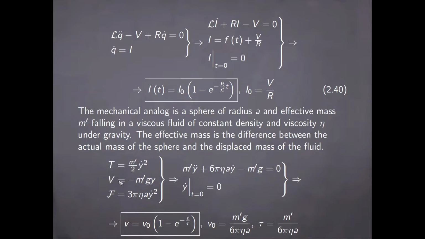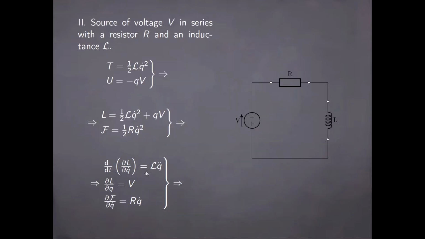I'm using slightly different notations, but it's quite clear that here y, the coordinate of the particle falling through the fluid, plays the role of the electrical charge, and the product between m prime and g plays the role previously played by the voltage.